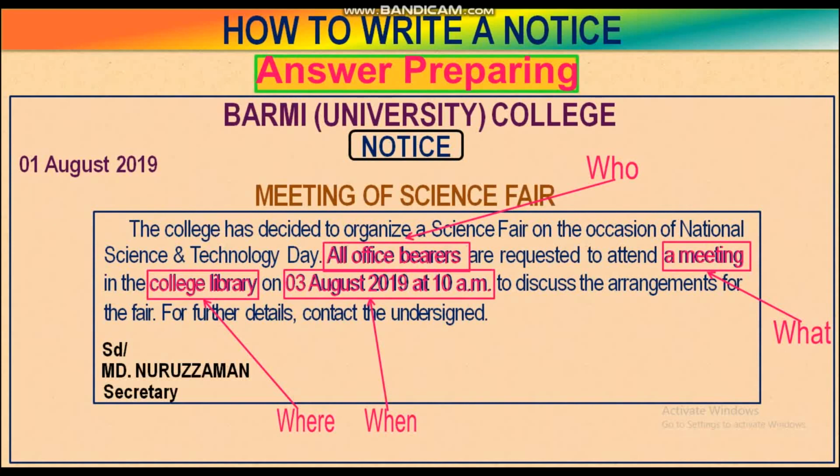And number 5, whom to contact or apply to? Mohammad Nuruzzaman. Finally, we can say, dear students, the body of the notice is alright, as we have got all the answers of 5 WHs.